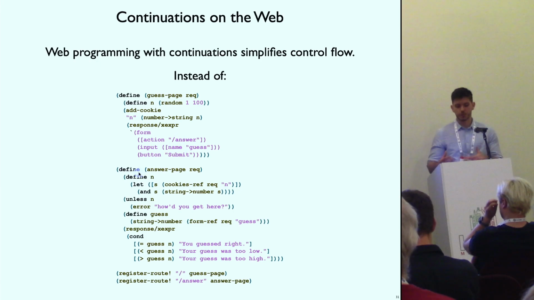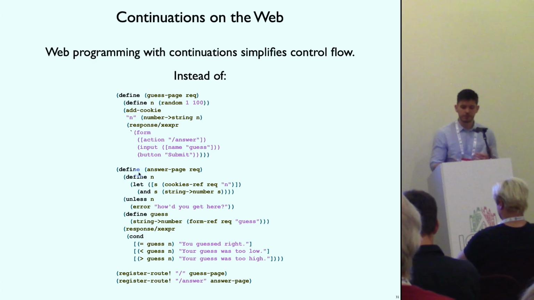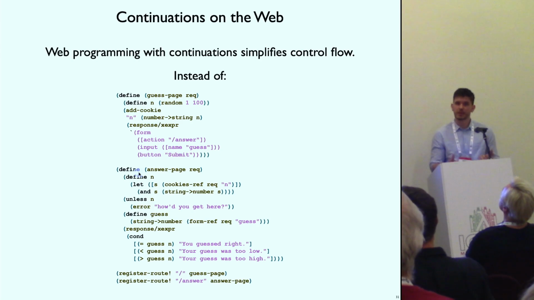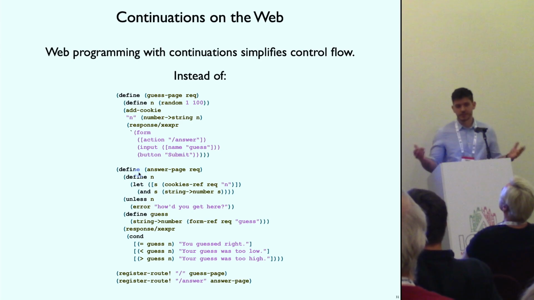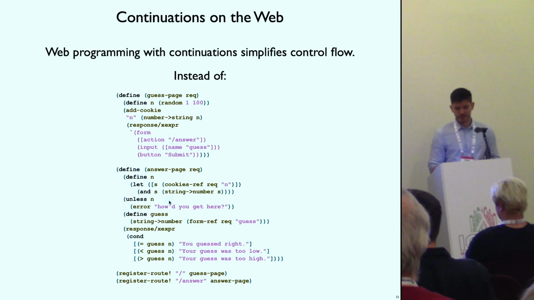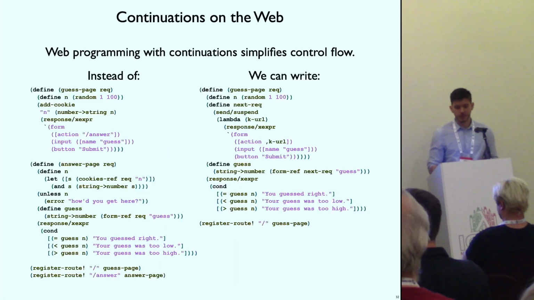Once they submit the form, we look up the number off their session. We do a little bit of validation because now this is a named page, so they might have landed here in some other fashion. Then we take out the guess from their form, and then we compute what we think their guess was.